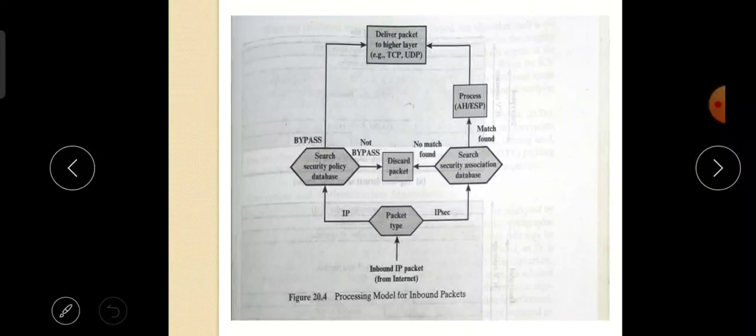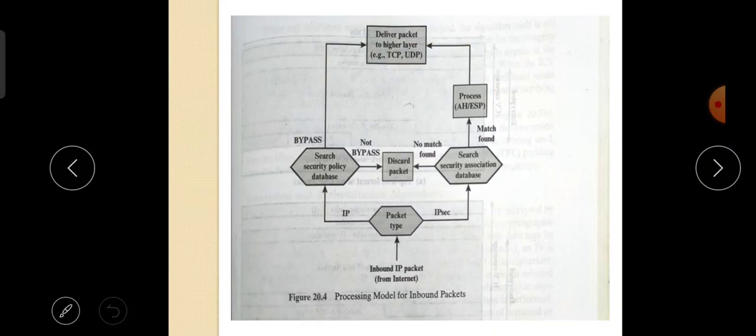Then the IP header is processed and stripped off, and only the packet body is delivered to the next higher level like TCP or UDP. That is about the inbound packets.